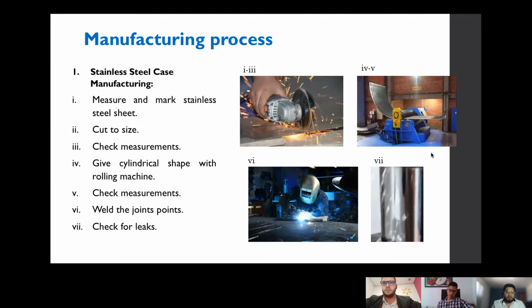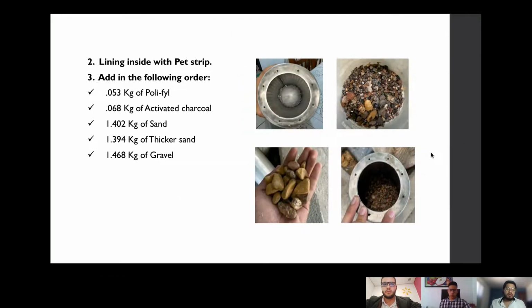About the manufacturing process, number 1, steel case manufacturing. First, measure and mark styles, and then cut to size, and then check measurements, and then give cylinder shape with the rolling machine, and then check measurements, and then weld the joint points, check for leaks. Number 2, lining inside with PET strip.